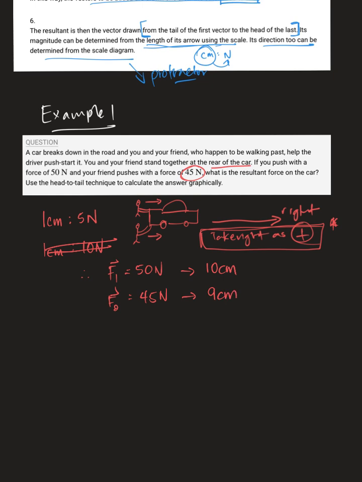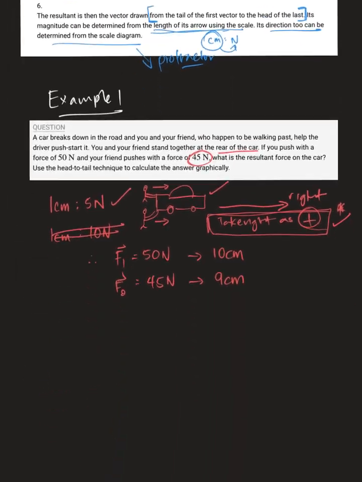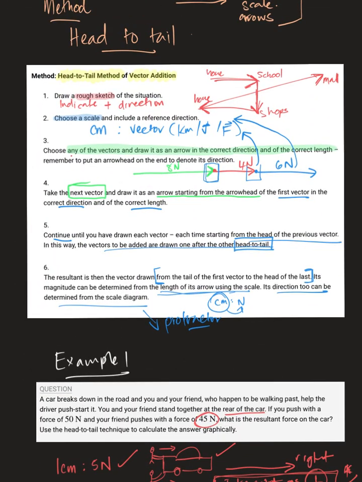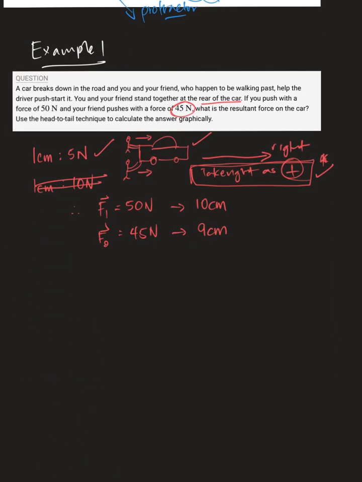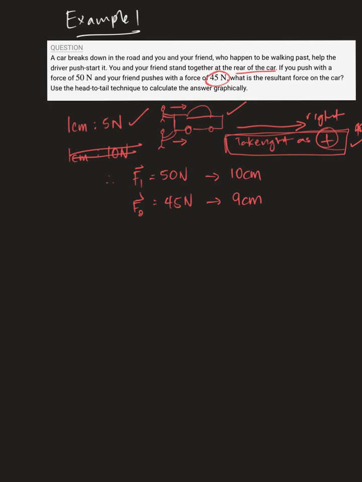Alright, so that's the first thing. The second, so we've got rough sketch, we indicated to our marker, we chose a scale, and now we have to draw. It says, draw any of the vectors. So let's pick the first one, let's draw force 1. Alright, so you're going to need your ruler, and you're going to take your ruler and you're going to measure 10 centimeters.